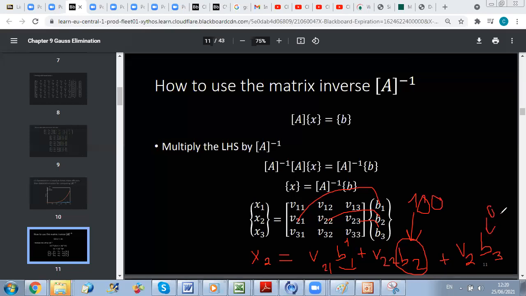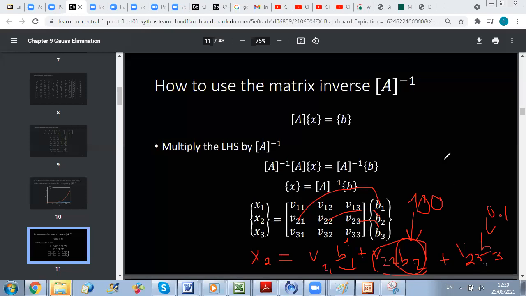So it's very clear that the major effect on X2 will be for this term. Of course, I am considering that V21 and V23 are not very large. So if I just vary B2, it will have the dominant effect on X2.